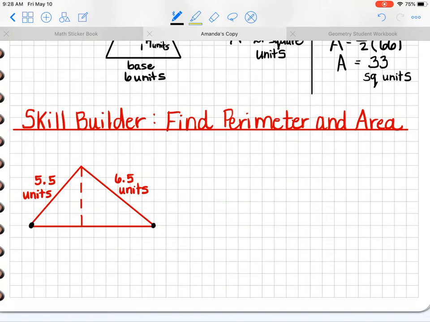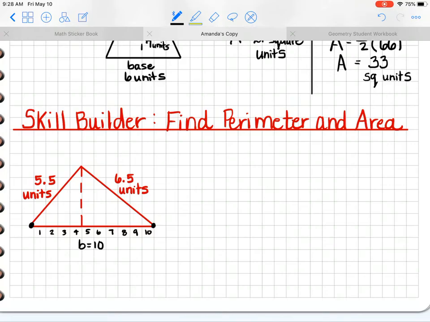But if you count these units, you have 1, 2, 3, 4, 5, 6, 7, 8, 9, 10. So I'm going to use a base of 10. It's really more like 10.25, so if you want to be very exact, that's fine.